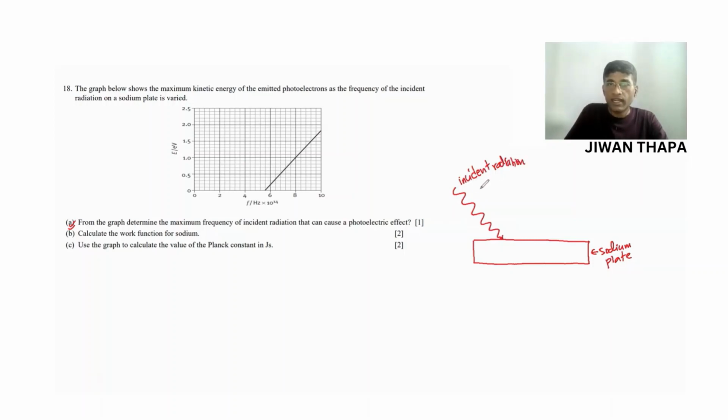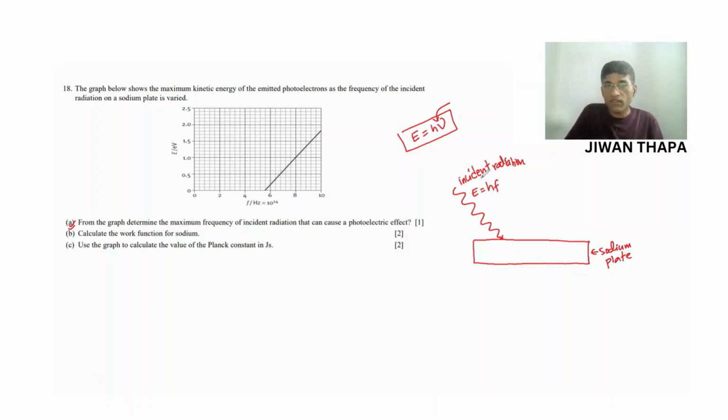Let its energy be HF, or we can also use this symbol: energy of photon equals H nu. This is the Greek letter nu. So I'm using this symbol, HF.